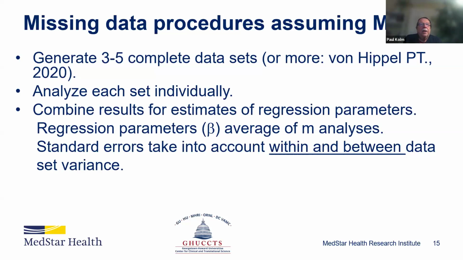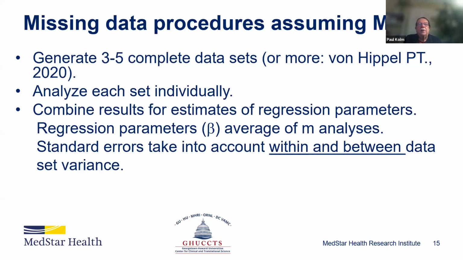And so, as we mentioned before, we analyze each set individually. Then what we do is combine the results. As far as estimating the regression parameters, the betas of the regression model that we're looking at is just the average of all the betas over the M analyses, or however many analyses you've done.